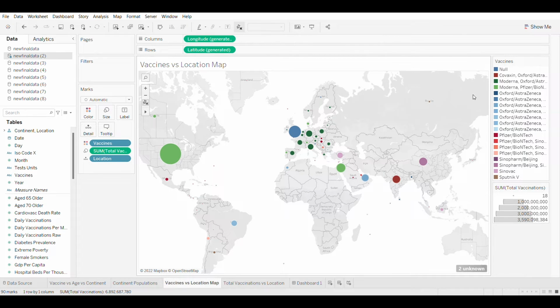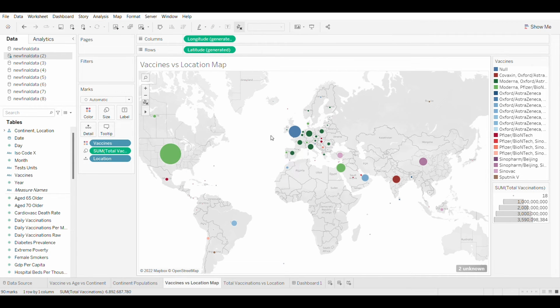Suppose if we take Moderna Pfizer BioNTech, the color of it is green. In the United States, most of the Moderna Pfizer BioNTech vaccines were used. The total vaccinations was a lot. So the higher the number of vaccinations, the greater is the size of the bubble.